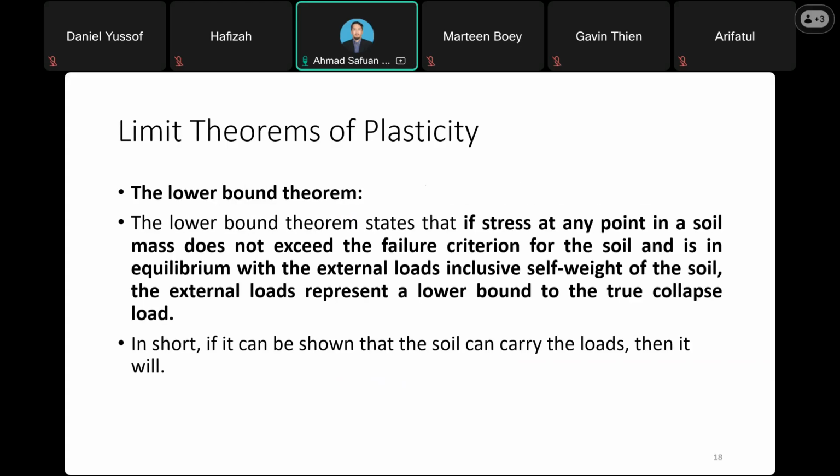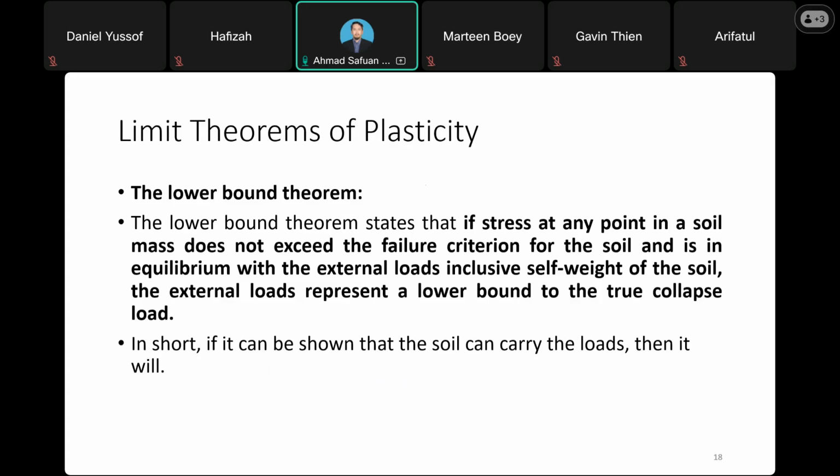Okay, what does it mean with lower bound theorem? The lower bound theorem states that if a stress at any point in a soil does not exceed the failure criterion for the soil and is in equilibrium with the external load, inclusive of self-weight of the soil, the external load represents a lower bound to the true collapse loads. Okay. In short, if it can be shown that the soil can carry the load, then it will.